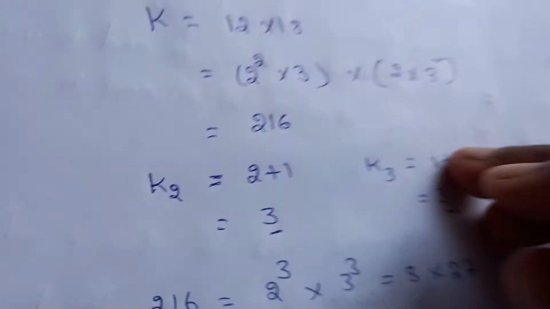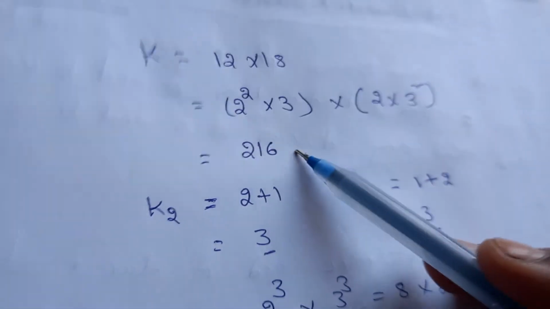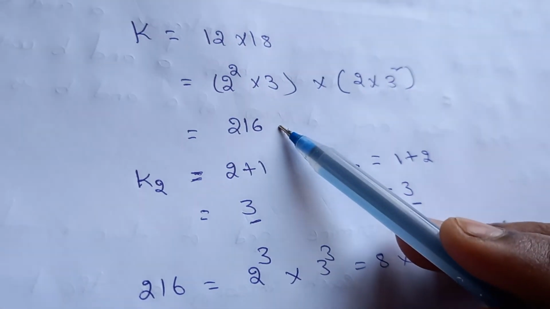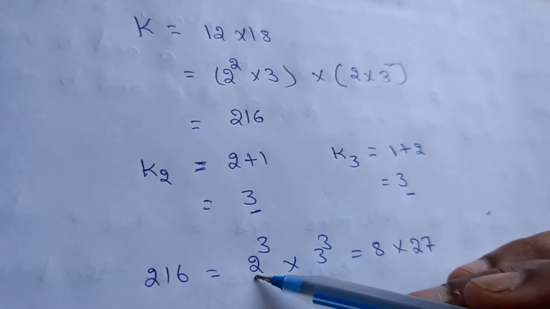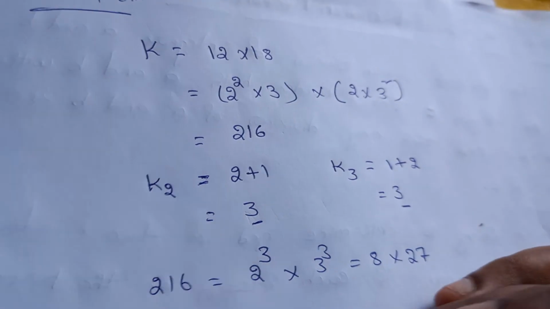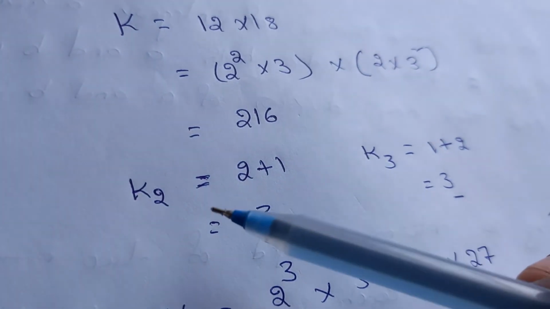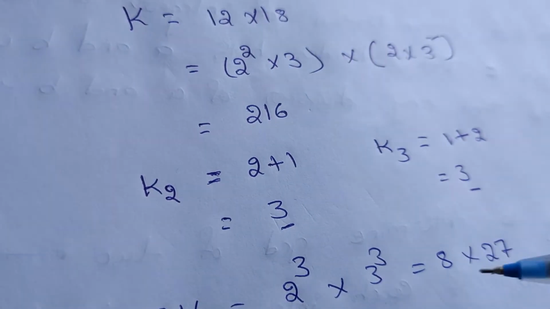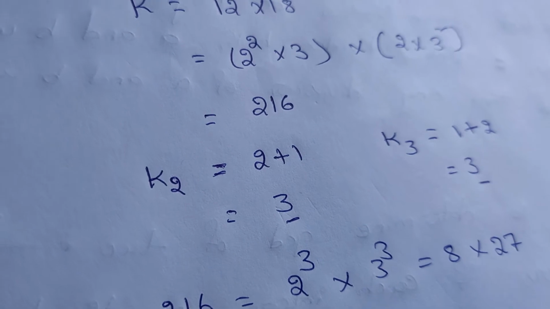What we need to prove is that k, here 216, equals AB. So k, 216, equals 2 power k_2 and 3 power k_3.